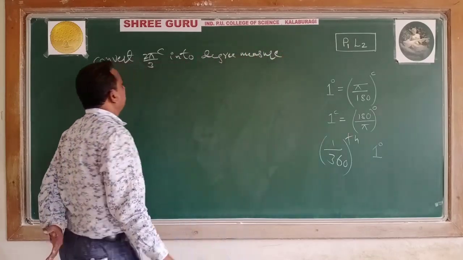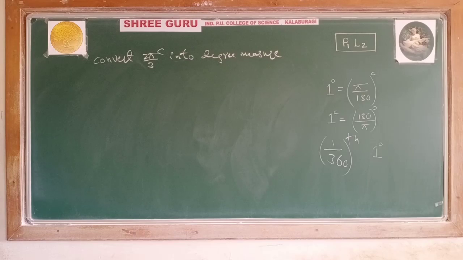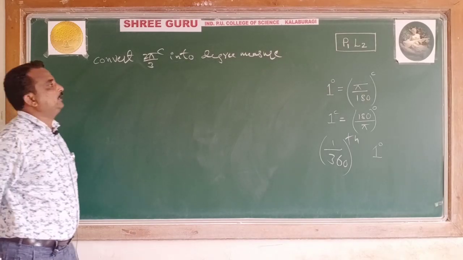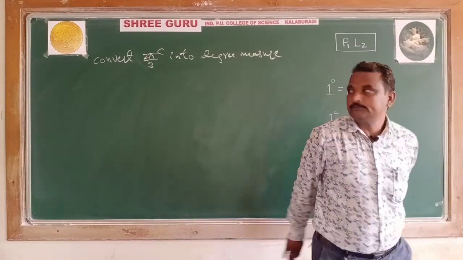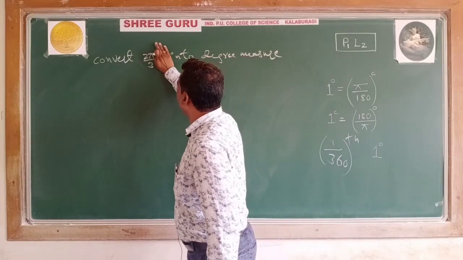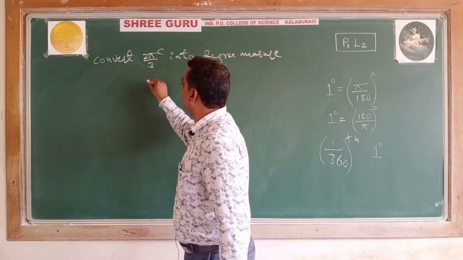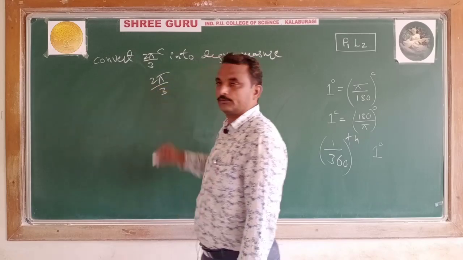See the question. What is the question, student? Convert 2 pi by 3 radian into degree measure. He may not give the word radian, he may give only 2 pi by 3 also.